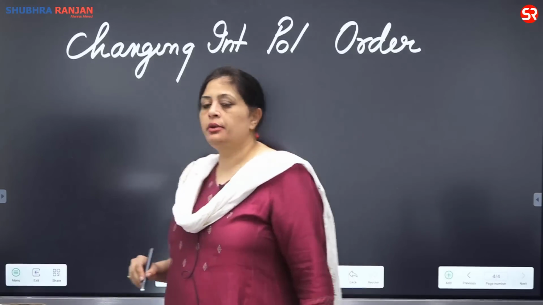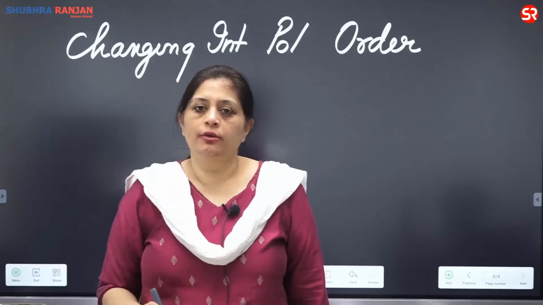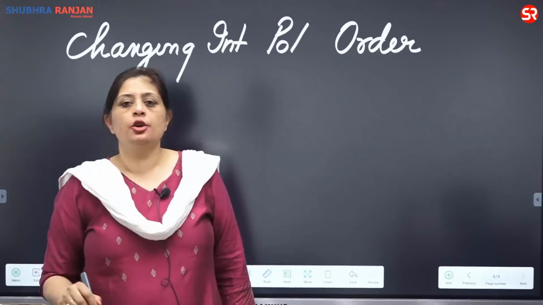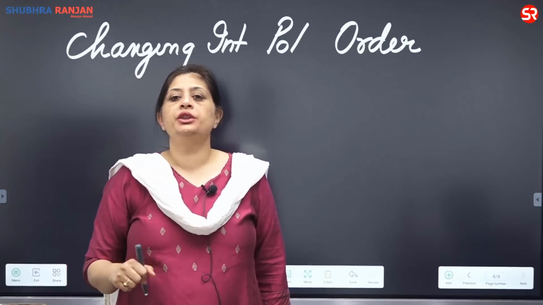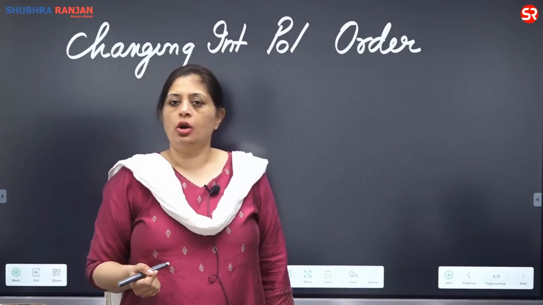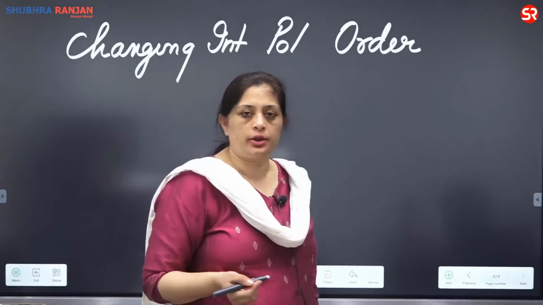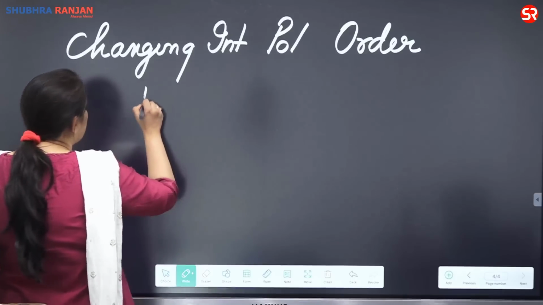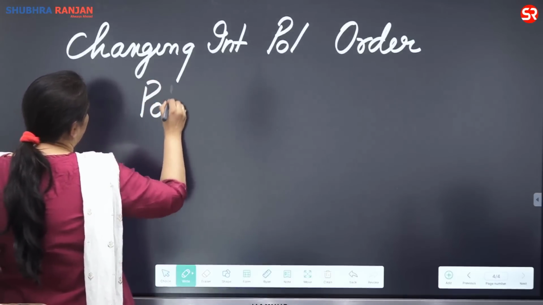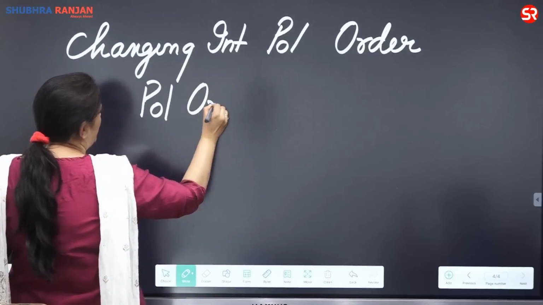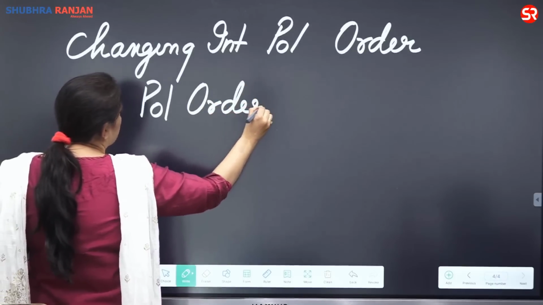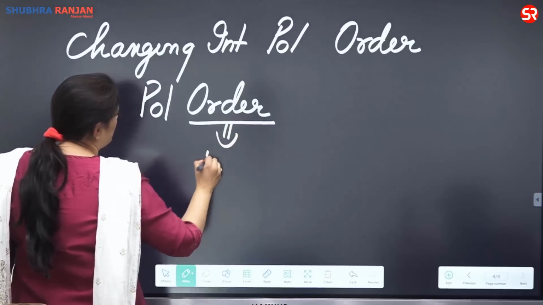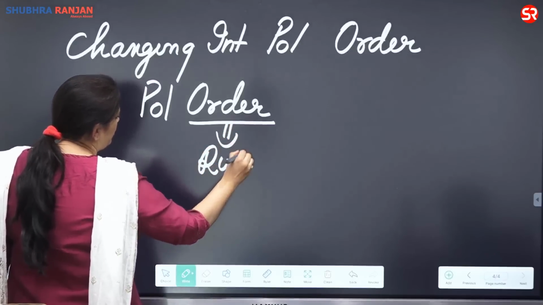So basically, first of all, you should understand what is political order or world order. Order is always related to a set of rules.